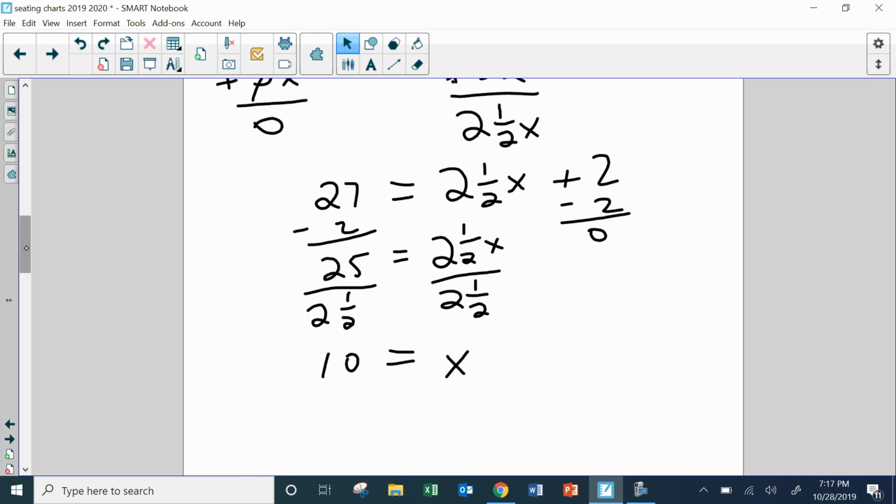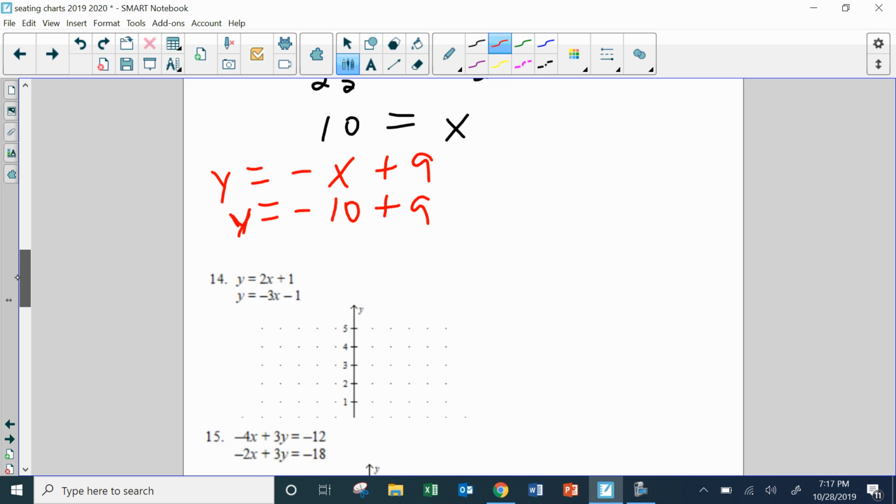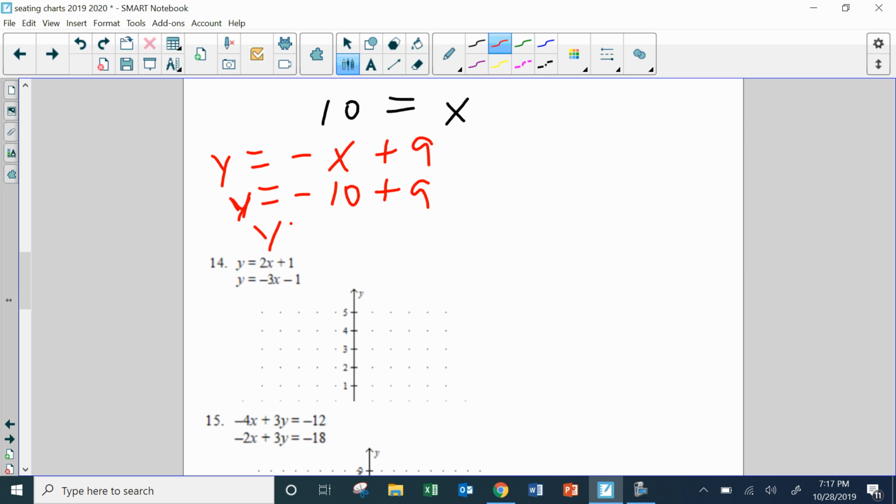So if y equals negative x plus 9, I know x is 10, so y is just going to equal negative. I still have to have the negative sign in there, and then I put the 10 in to replace the x. Nothing else changes. So therefore, I can see pretty quickly that y is just going to equal negative 1.